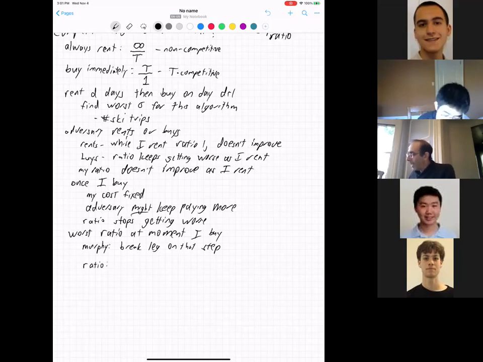How much do I pay, given my specified D? D plus T. Right, I pay D plus T. I rent for D days, and then I buy. Now, what does the adversary pay?